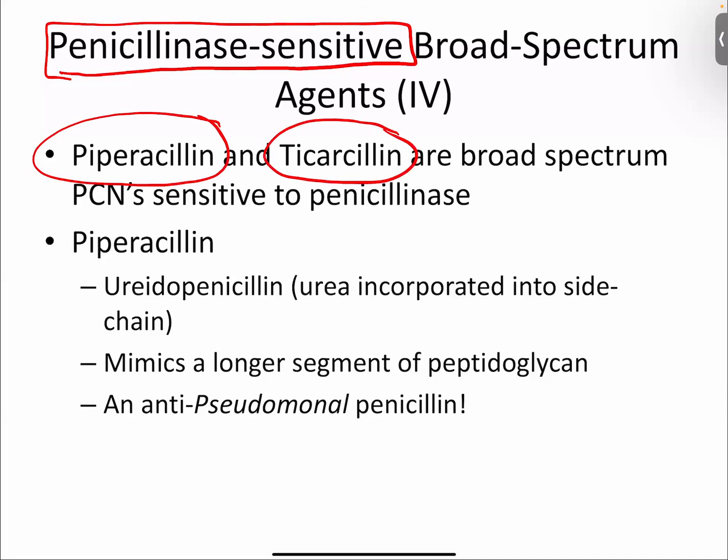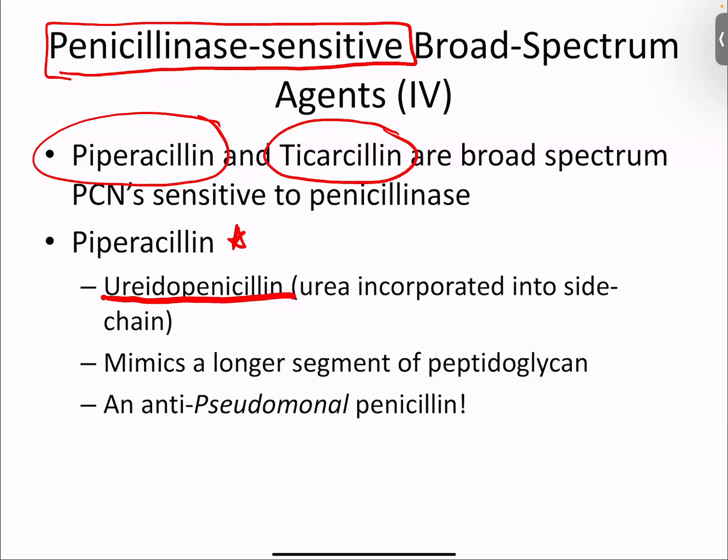These were what we called ureidopenicillins, because when you look in their side chain, in particular with piperacillin, there's the equivalent of a urea molecule embedded in this long water-soluble side chain. So it's referred to as a ureidopenicillin. Piperacillin is pretty much the only one relevant, and I don't even know if piperacillin by itself is available anymore. It's probably not even being produced these days.